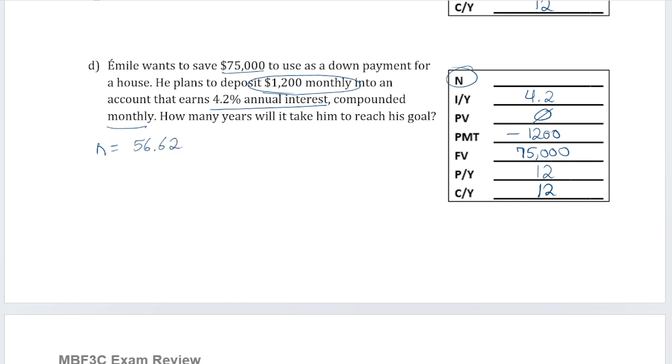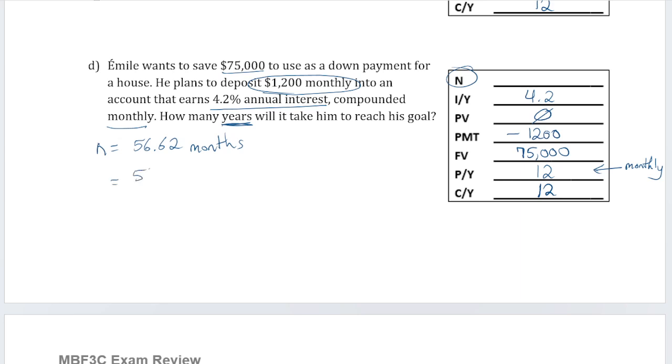56.62, but 56.62 what? Is it years? Well, we have to look. What are our periods? Our periods are 12 per year, monthly. That means this is months.